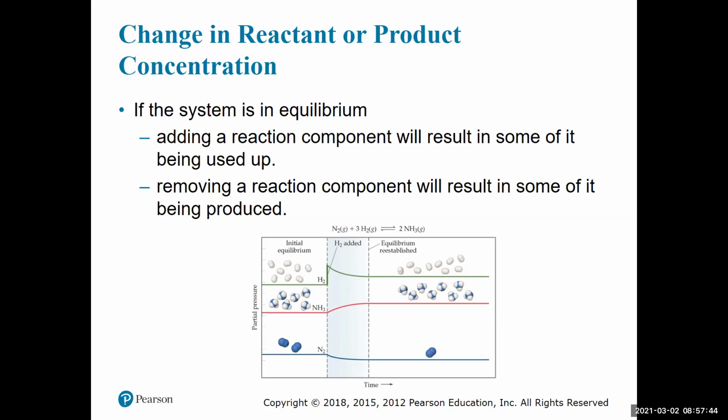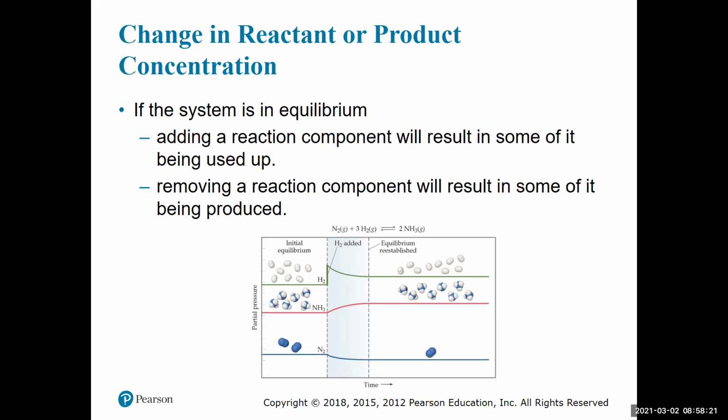And so here, down in the picture at the bottom of the slide, there's just kind of a graphical representation, in this case, where hydrogen was added. And so then you see a reaction to that in terms of the other components responding in order to get everything balanced back out. Because remember, in terms of concentration, when we write that equilibrium expression, it's products over reactants equals the constant.